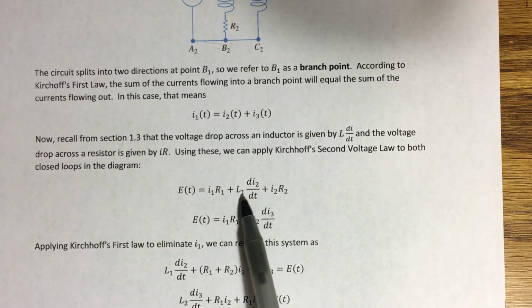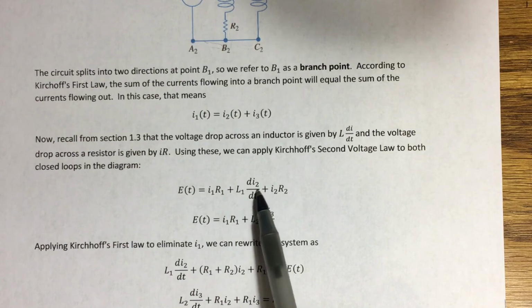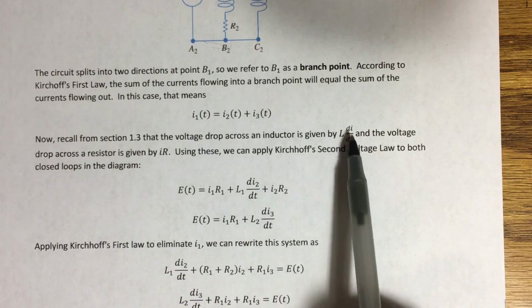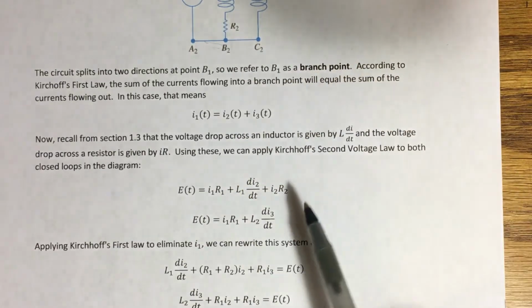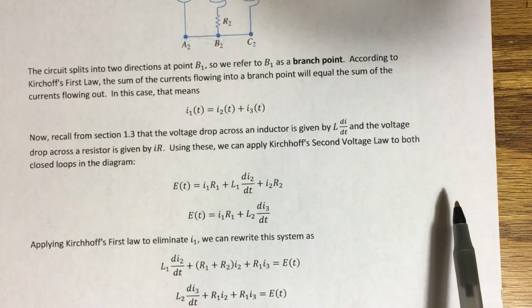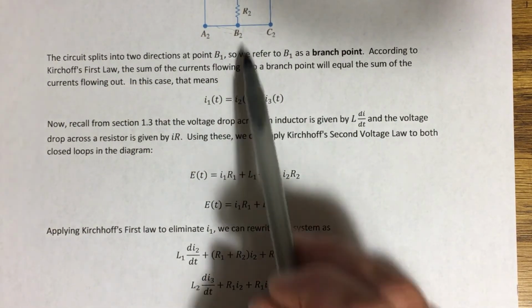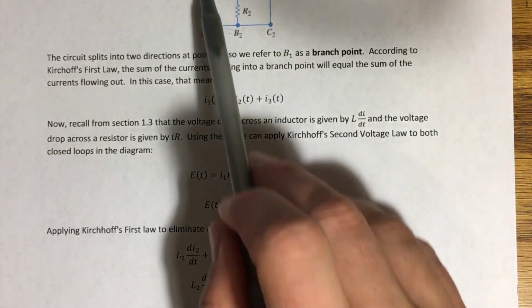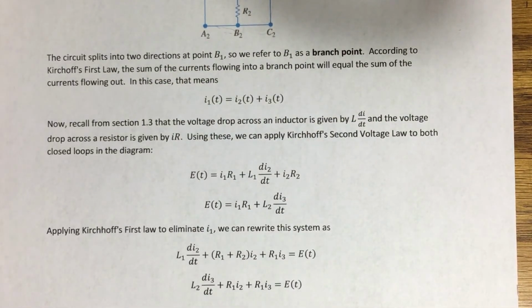L1 is shown here, so L1 times di2/dt. That's using this, and then that same current I2 is flowing into this resistor as well, R2. So that's I2 R2, using this formula for the voltage drop across a resistor. We've accounted for all components in that first loop, so that would be our first equation right there.